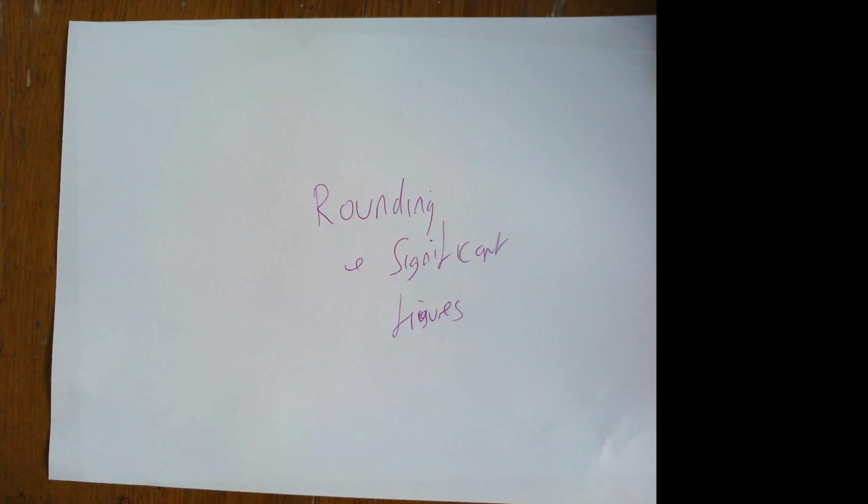Now, in terms of significant figures, let's say you've got a number that was like this, and you are asked to round it to the nearest significant figure. Well, the nearest significant figure would be the 3, because you ignore the zeros for the sake of argument.